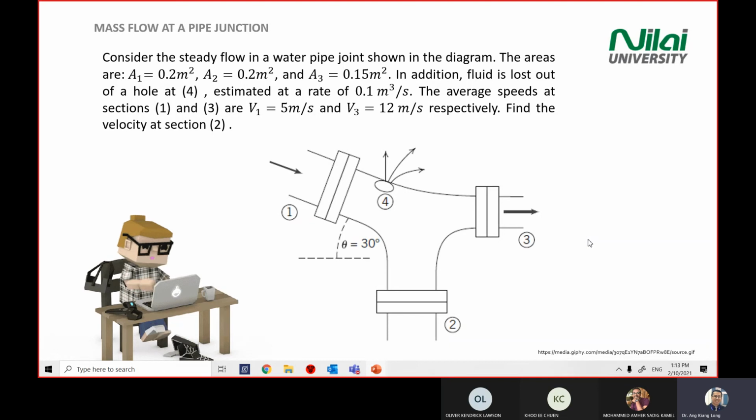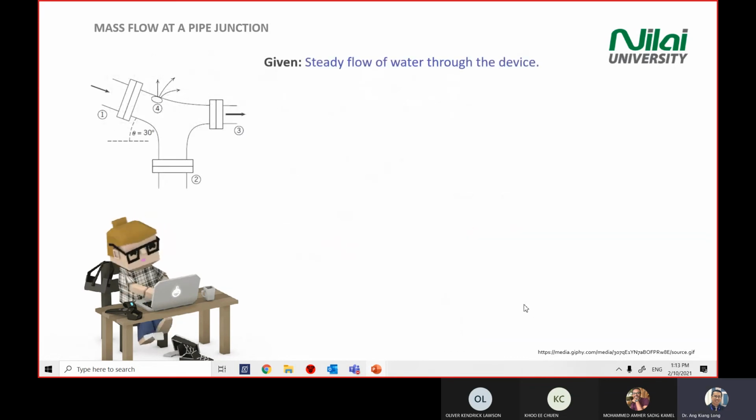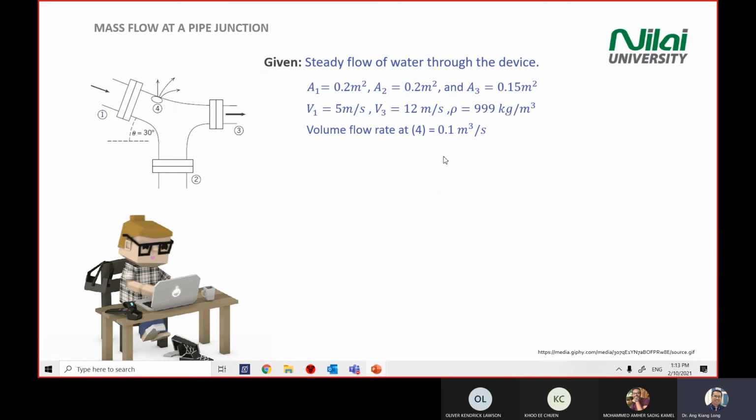To solve for the velocity at number 2, we call out the conservation of mass, which means what goes in will equal what goes out. So we balance the whole system. We have a steady flow, the flow rates are all given, and the density of the water is 999 kilogram per meter cube.